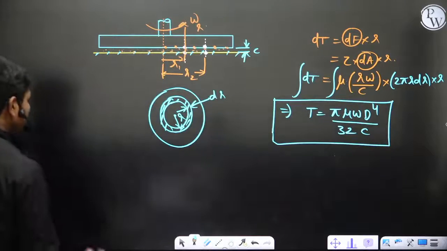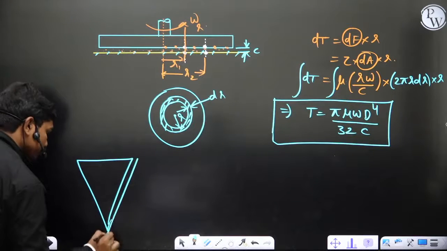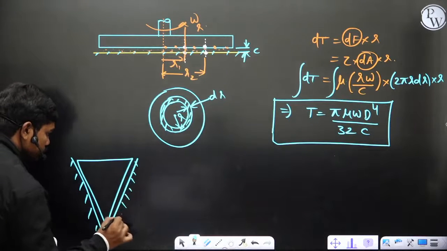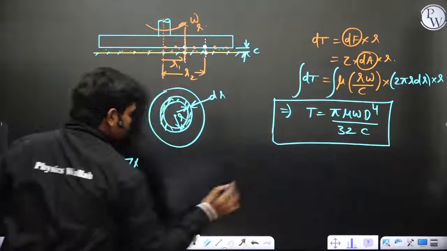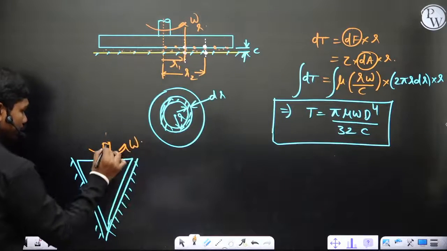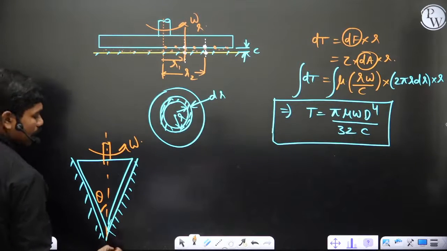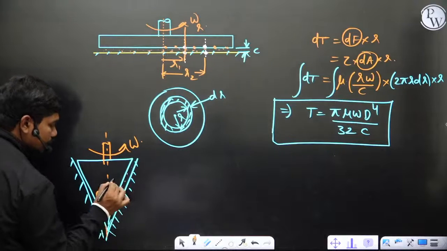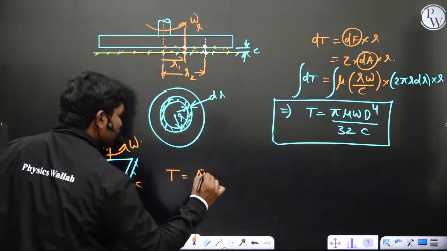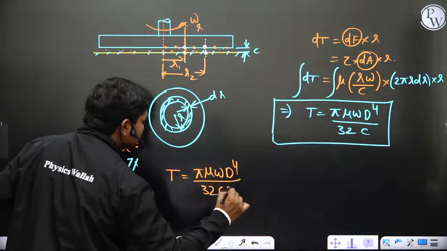Similarly, if you have a conical block that is rotating, let us suppose the half cone angle is theta, and there is fluid with clearance c. Then the torque is equal to pi mu omega d power 4 by 32 c sine theta.